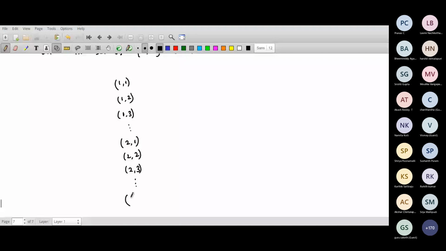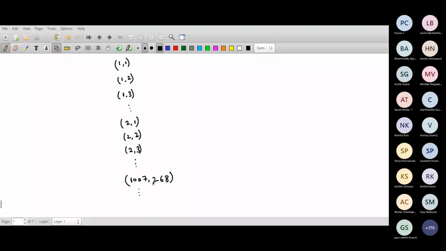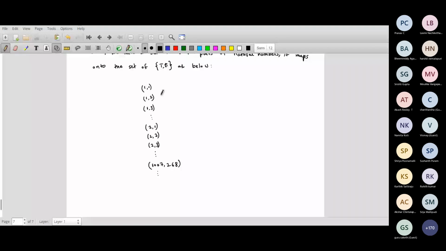Somewhere we may reach some other pair: 1007, 268, and so on, right? Now this is a set of all ordered pairs of natural numbers. Okay, we can now think of a range set which has only two values, true or false.